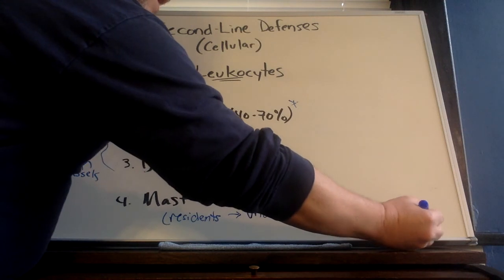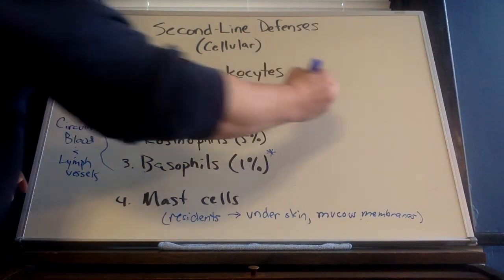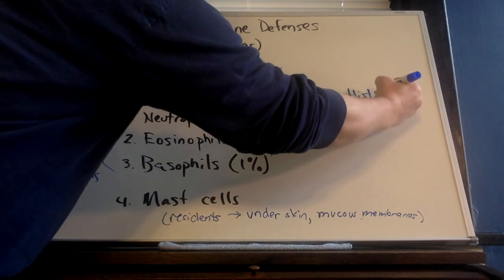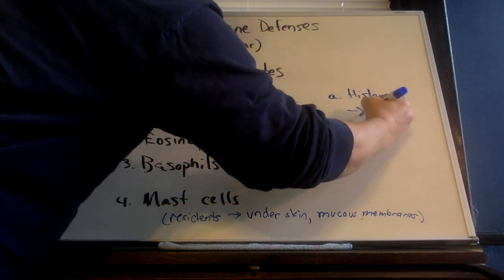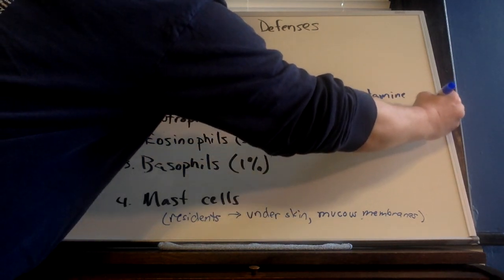So these are going to be cells that live on site so that they can deal with infections on site. They're also a very good way of creating inflammation. So these will also release histamine in order to get inflammation started.